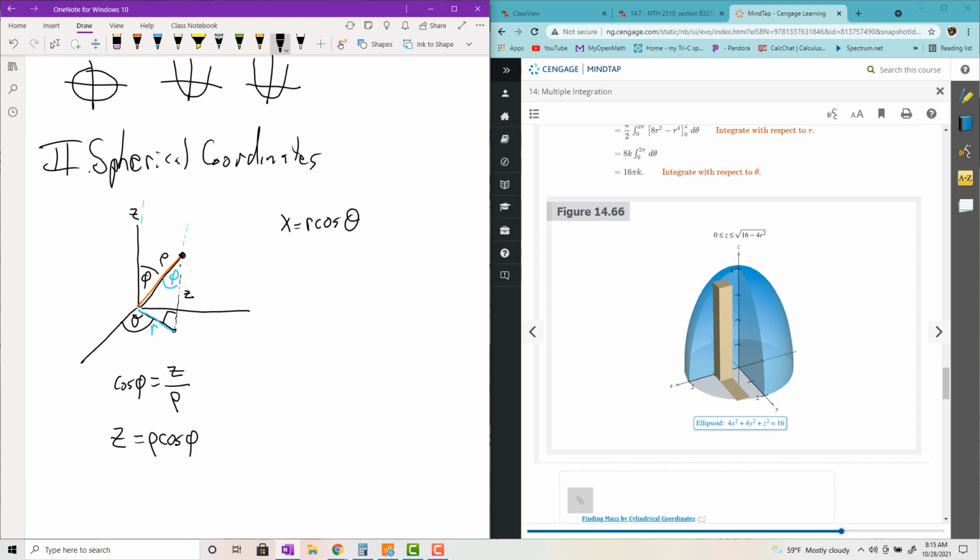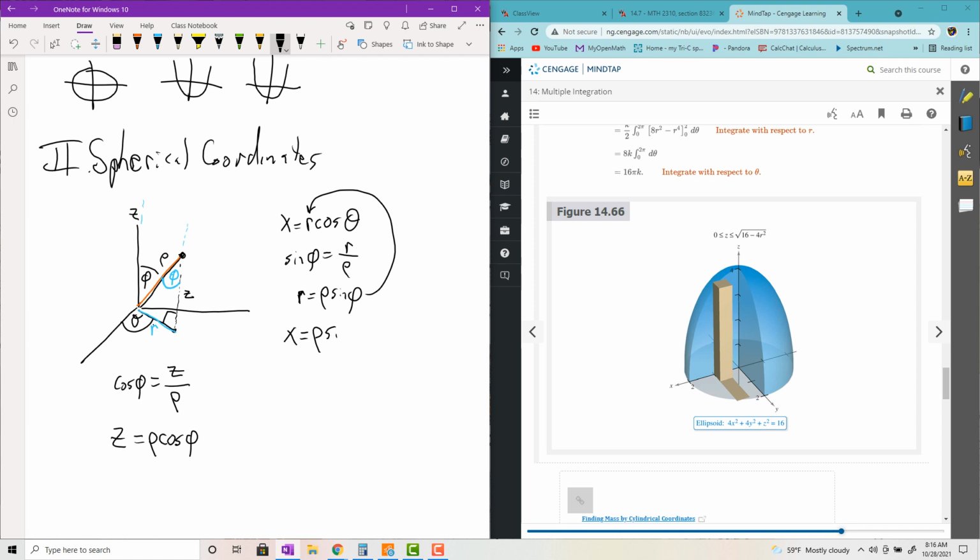R you can get from the sine of phi, so the sine of that blue phi here is opposite, which is r, over hypotenuse, which is rho. So we could say that r is equal to rho sine phi, and then plop that expression into this expression, and you have a nice conversion formula for x in terms of rhos and phis and thetas.